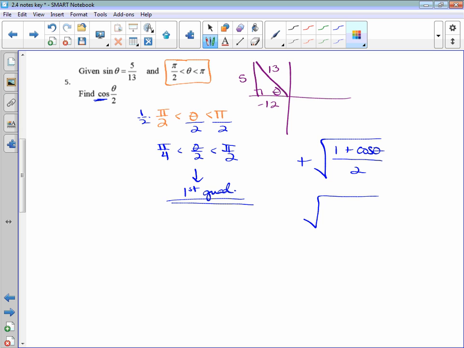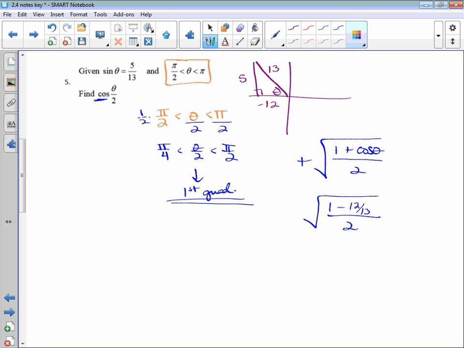So 1 plus, what is the cosine of theta? We're back to just theta now. -12/13. So I'm going to write 1 minus 12/13 all over 2.